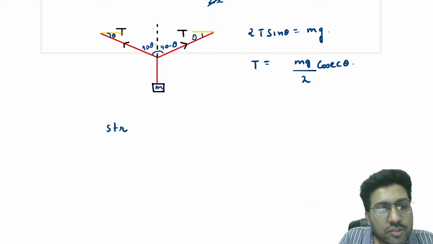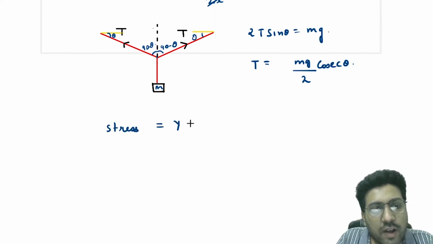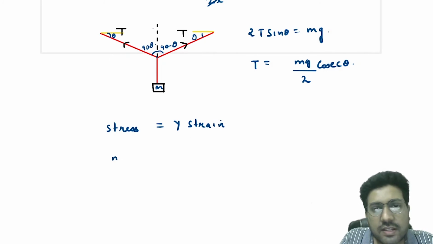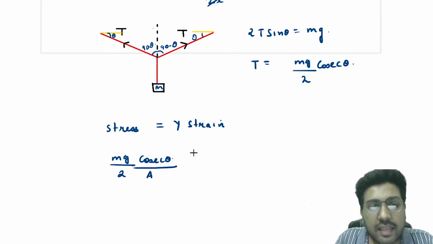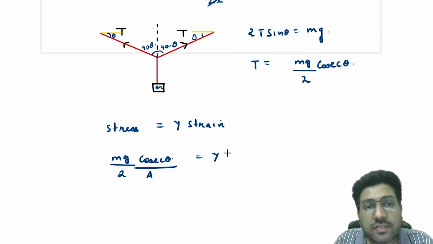So I'll write stress as tension, that is mg by 2 cosec theta, divided by area. Area is given as A, is equal to Y into strain. Strain we have already calculated, it is sec theta minus 1.